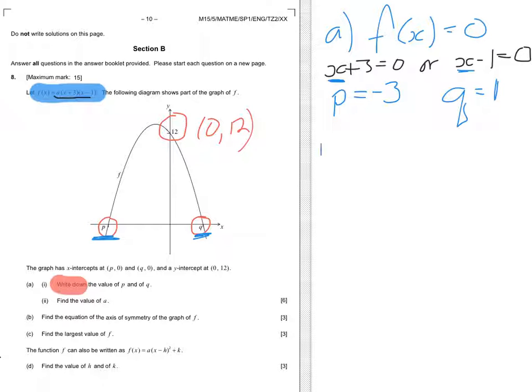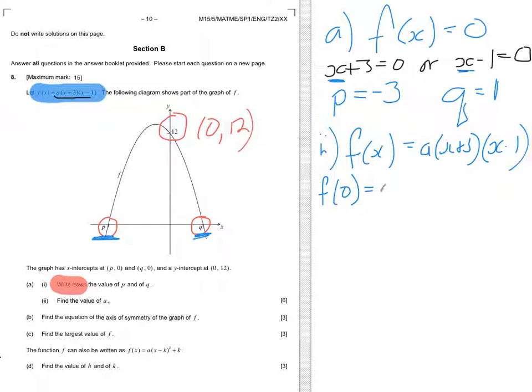So for part 2, I'm going to start off with f of x is equal to a times x plus 3, x minus 1, and I'm going to evaluate that at f of 0, which will be a times 0 plus 3 times 0 minus 1, and that's got to be equal to 12 from this coordinate here.